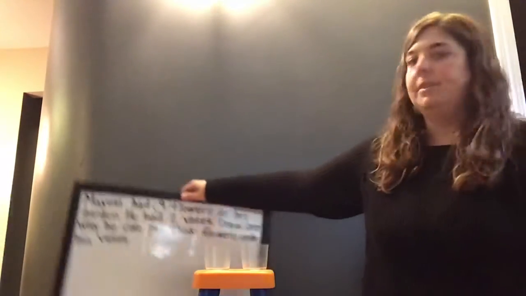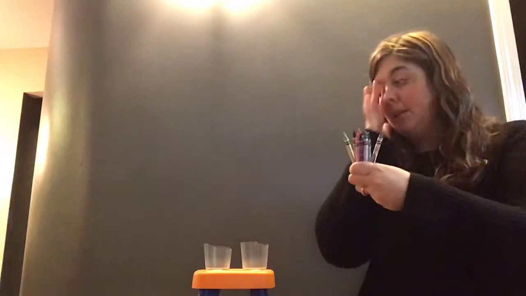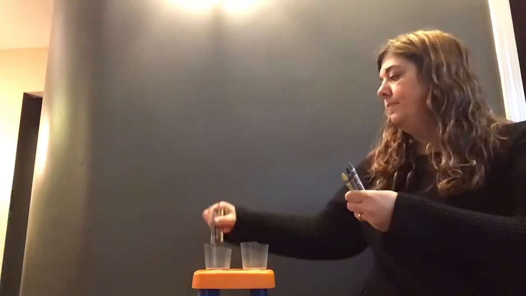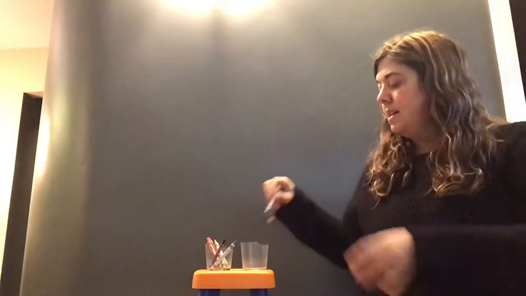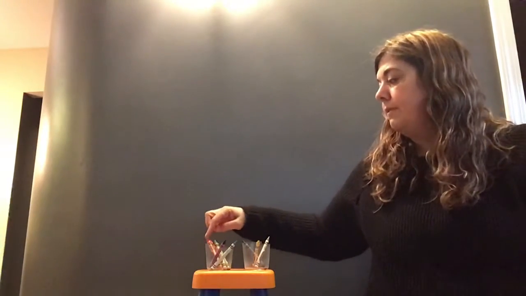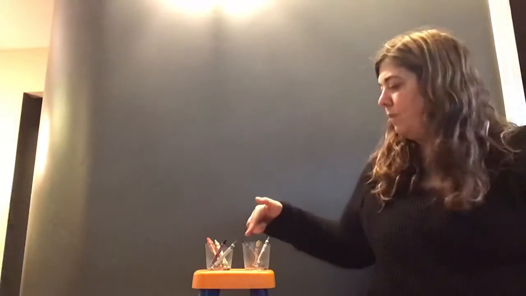Actually, maybe I'll take this away so you can see them a little bit better. 2 vases, and then we have 9 flowers. So I could just put some in this one, and I could put some in that one. I have 1, 2, 3, 4, 5, 6 in this one, and I have 1, 2, 3 in that one. That's one way to make 9.